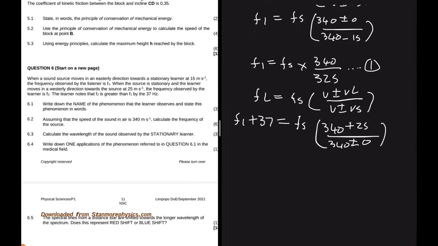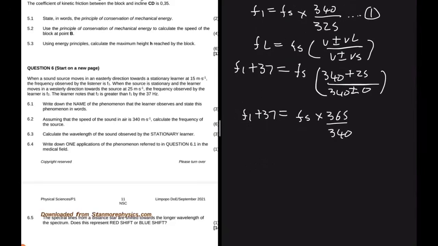So this will be F1 plus 37 equals Fs multiplied by 365 divided by 340, right? We can go ahead and make F1 the subject of the formula. We're gonna get F1 equals Fs multiplied by 365 divided by 340 minus 37.